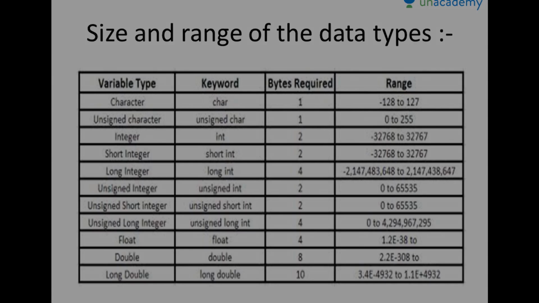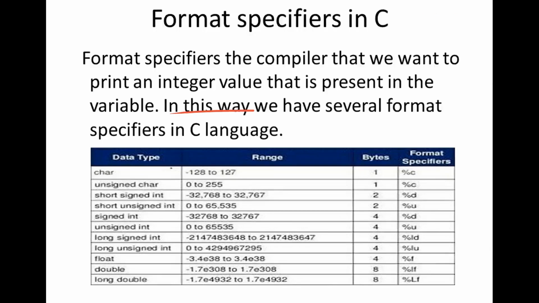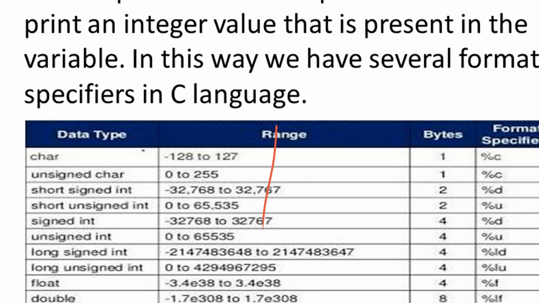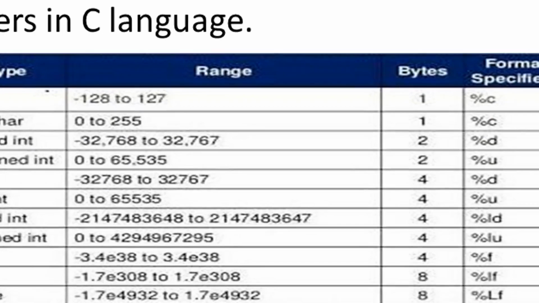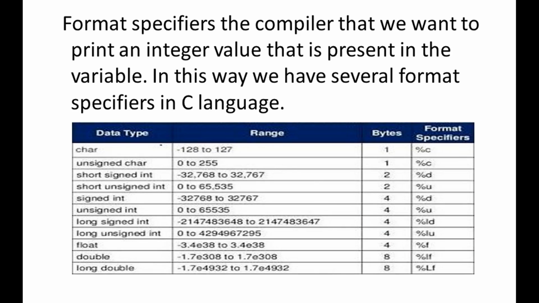Okay. Now for a float value, for a double value, for a character value, you can change it. So I have this table. You can see for a character value you need to write %c, for a float value you need to write %f, for a double value you can write %lf. Okay. So these are the things which you can see and understand very clearly.